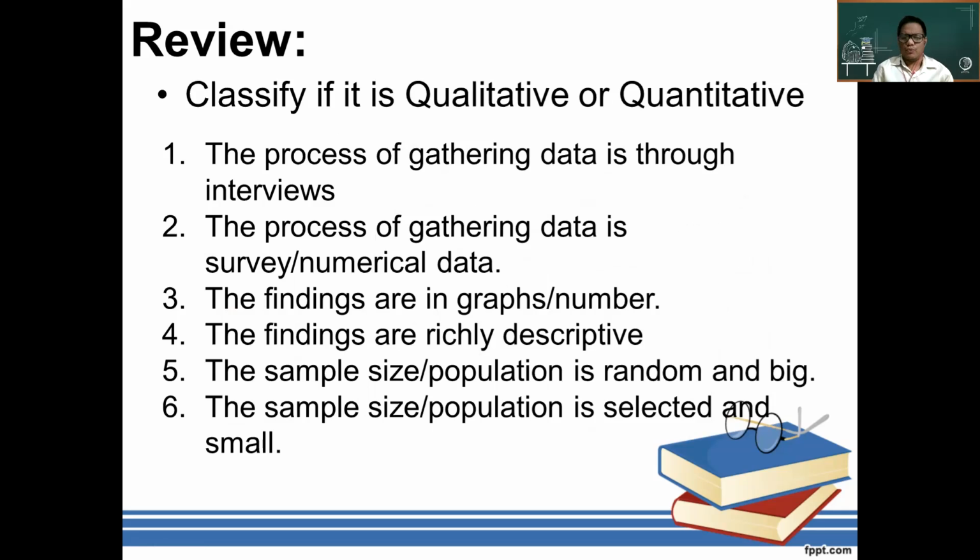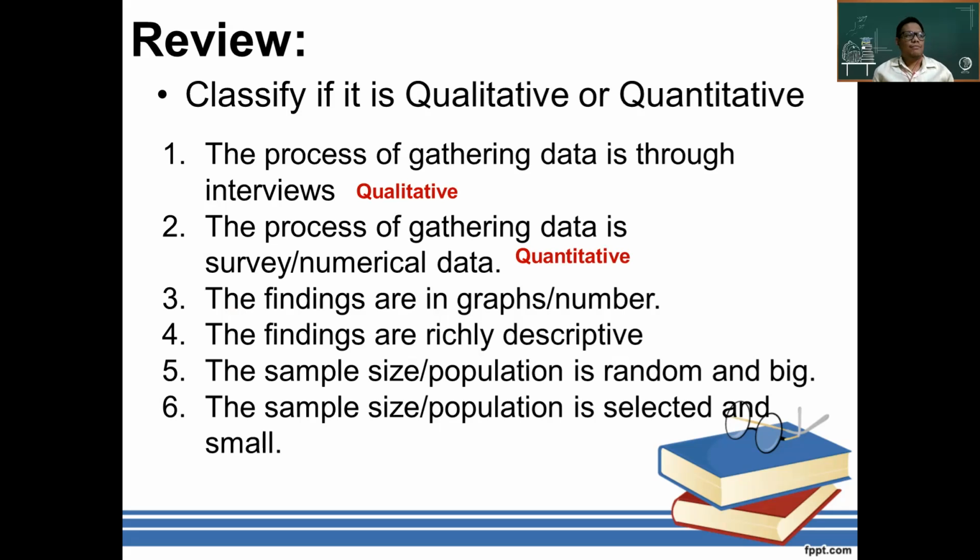So example number 1, if the process of gathering data is through interviews, what is this type of approach? Yes, Maria? Correct. It is a qualitative approach. For number 2, if the process of gathering data is numerical or a survey type, it is already quantitative. Number 3, the findings are in graphs or in numbers.